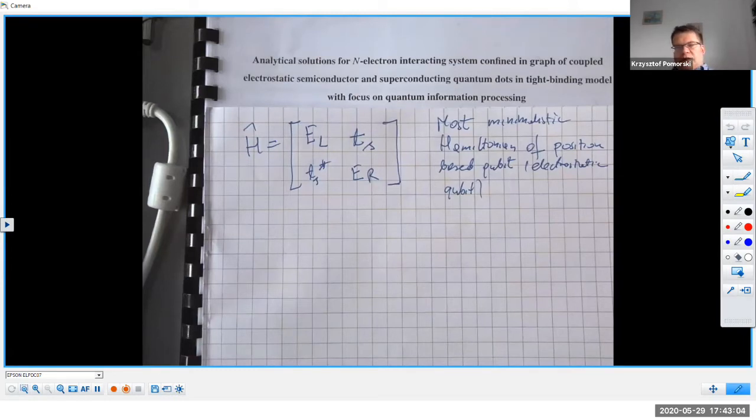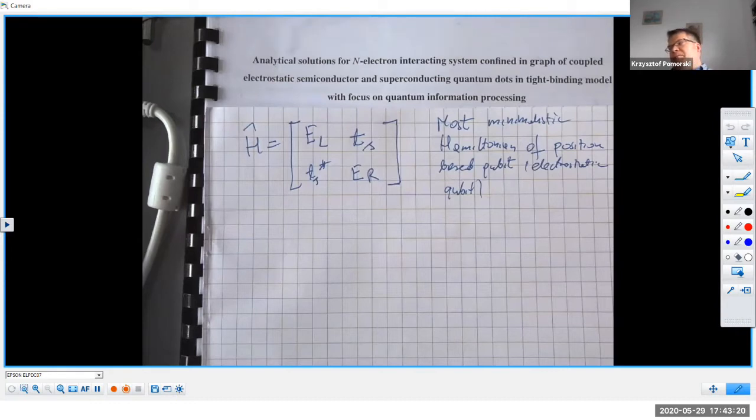There is work of Professor Bartłomiej Szafran on this. There's also my work in the tight-binding model, which also used integro-differential equations.